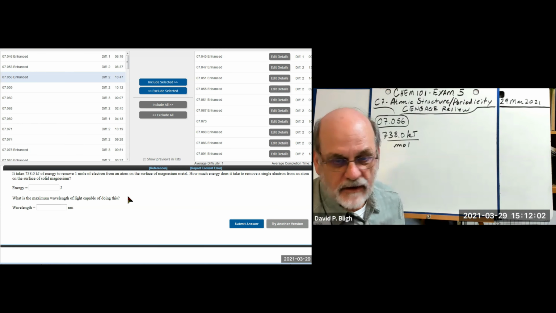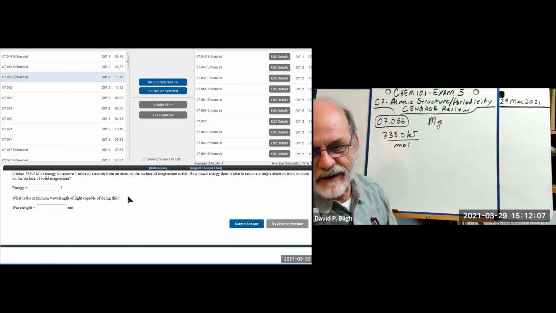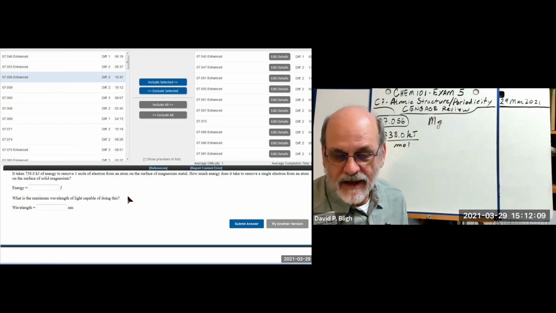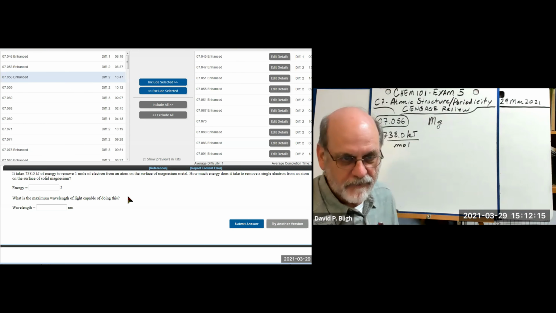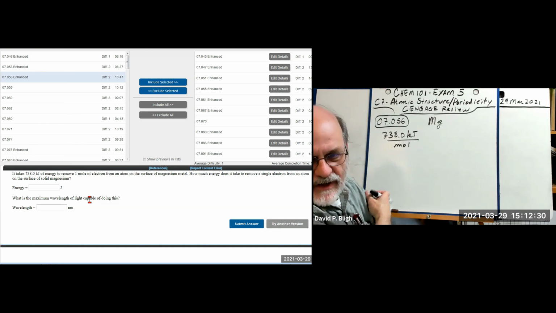There's a surface. This is magnesium. Yeah, it probably doesn't matter, but I'll put it up there anyway. How much energy does it take to remove a single electron from an atom on the surface of solid magnesium? Okay. If this is, and the answer, notice the answer is in joules. Right? So we want to find out per atom. This is simple dimensional analysis.